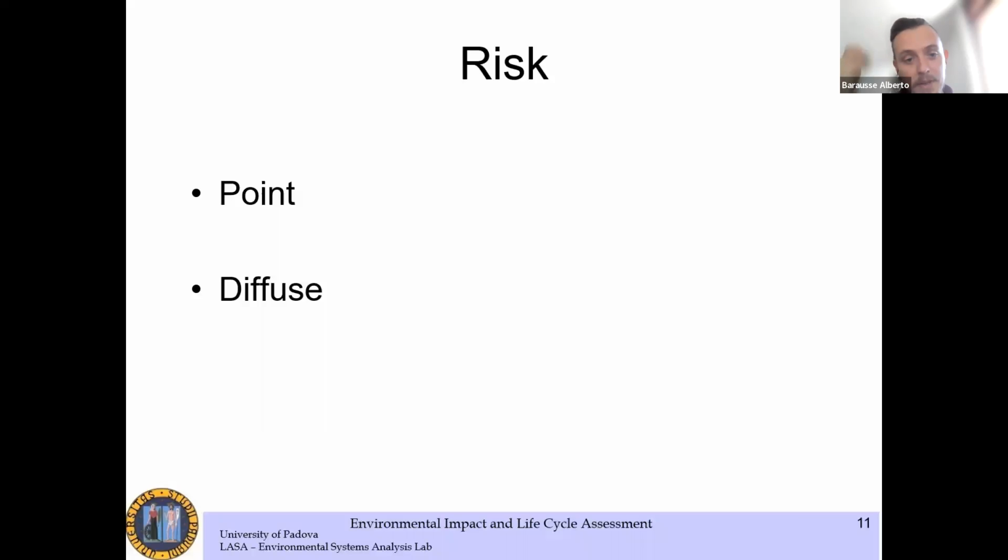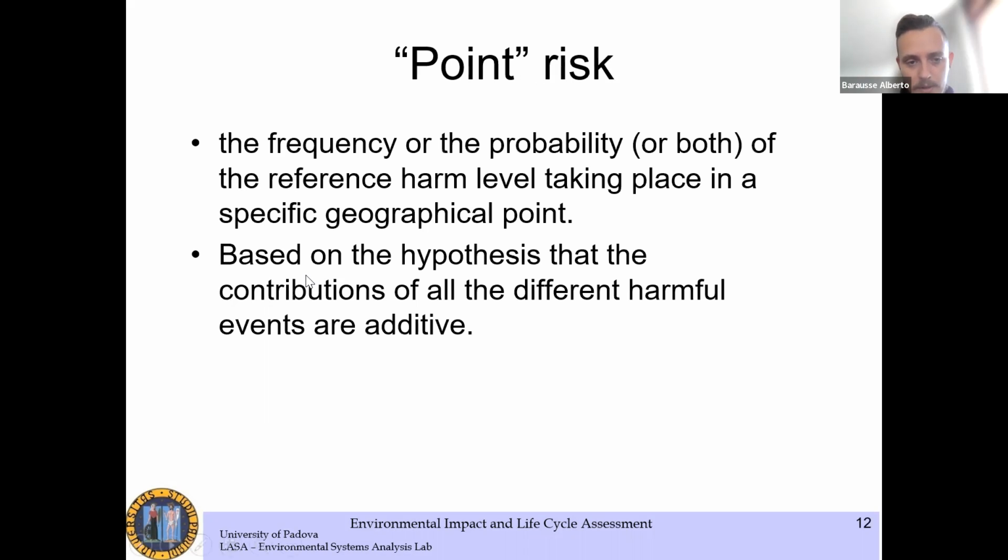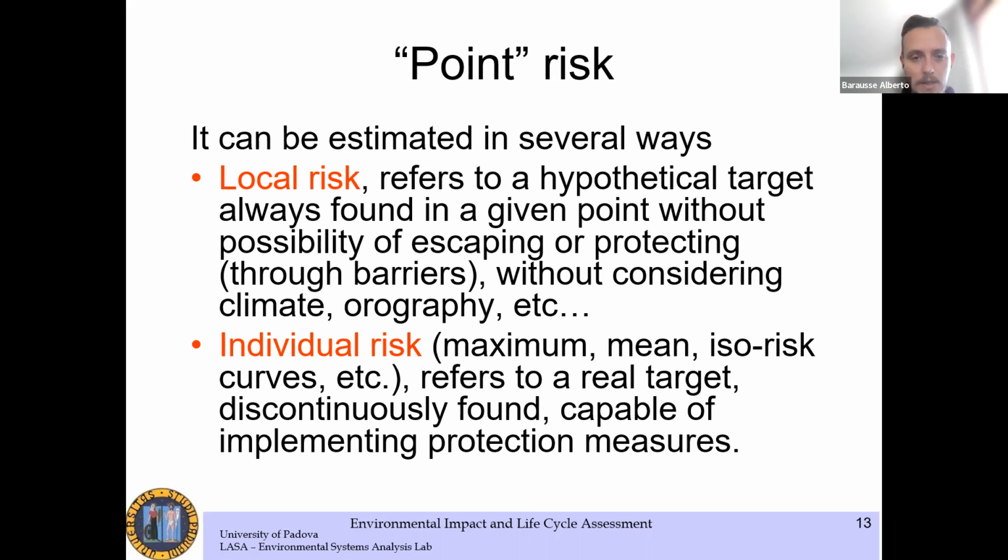Then you can classify risk in point and diffuse. The distinction is quite straightforward. By point risk, we mean the assessment of a risk in a certain location, in a specific geographical point. And this point risk can be estimated as local risk or individual risk.